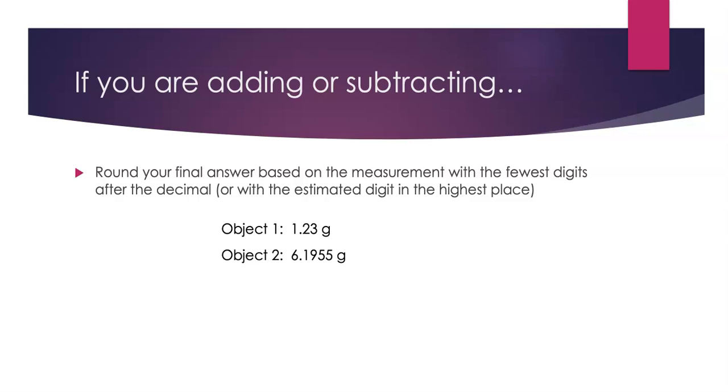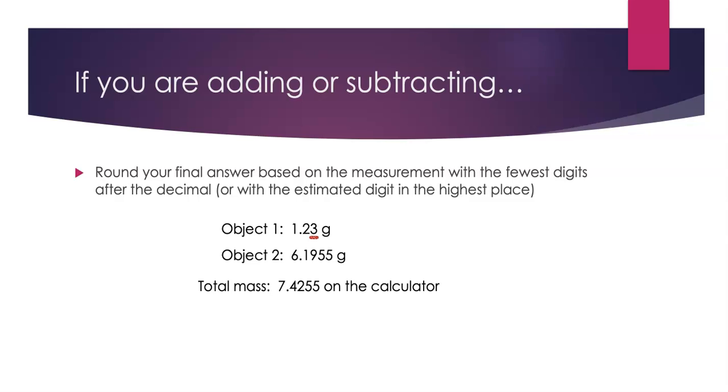If I wanted to find the mass of these two objects together, the calculator gives me 7.4255 grams. But this suggests that both measurements had that kind of precision out to a tenth of a milligram, and that's not true.